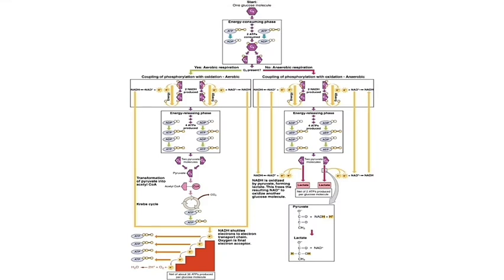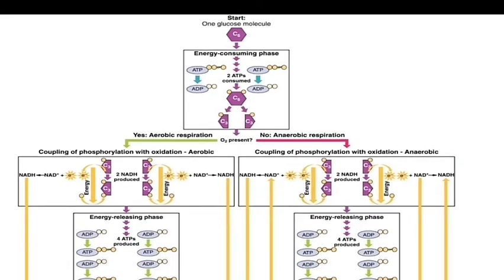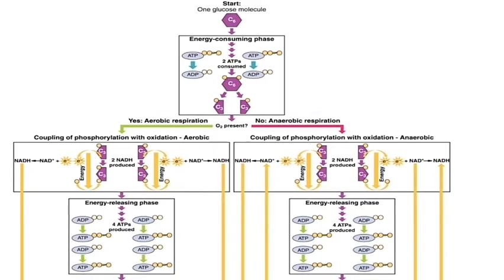Now, if we look at the breakdown of the carbohydrates, at first the carbohydrates are broken down into simple sugar molecules, or generally we can say glucose molecules, and they undergo different processes of breakdown or metabolism.